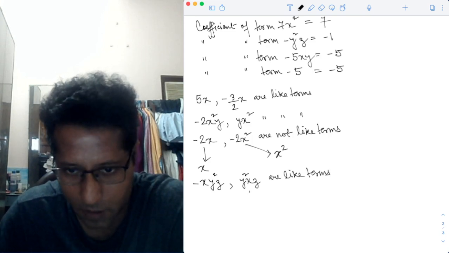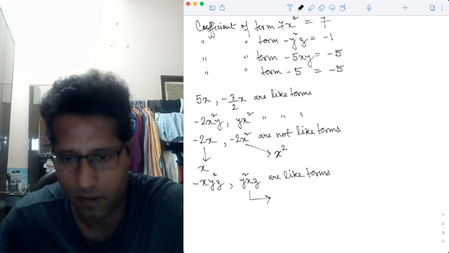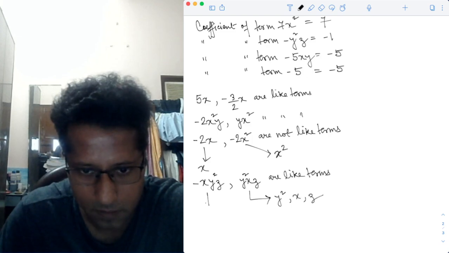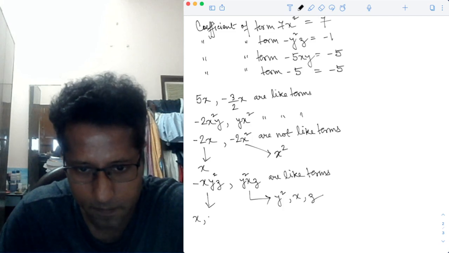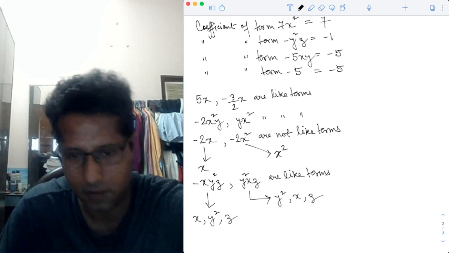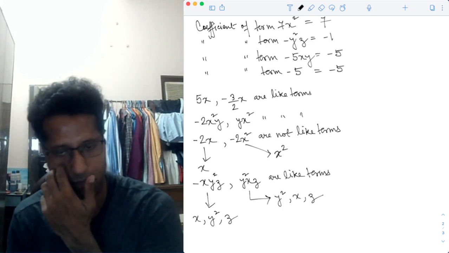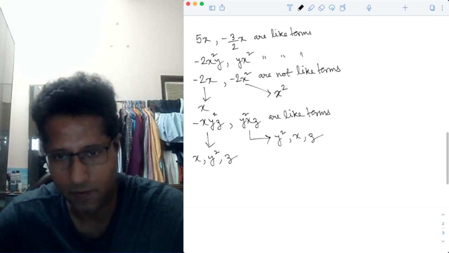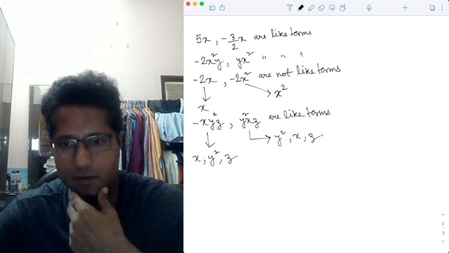Because the literal factors for this are y square, x, z. For this, the literal factors are x, y square and z, and you see both terms have the same literal factors. In this way you have to understand whether two terms are like or not.